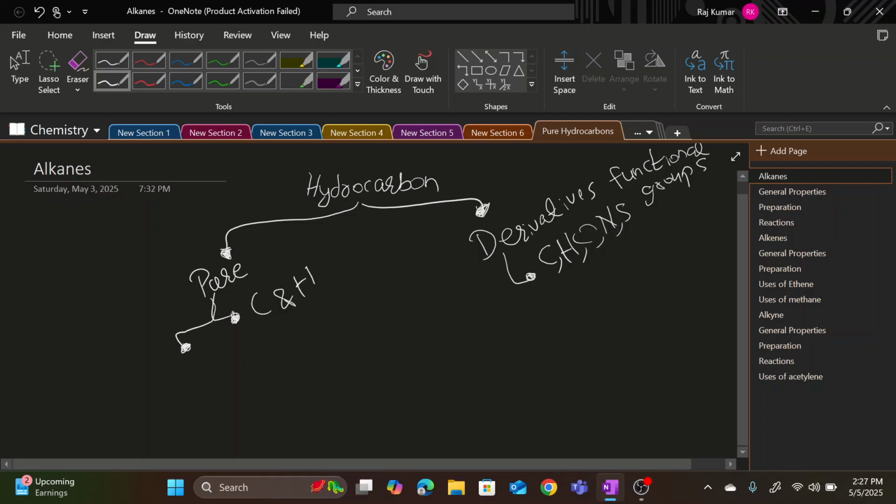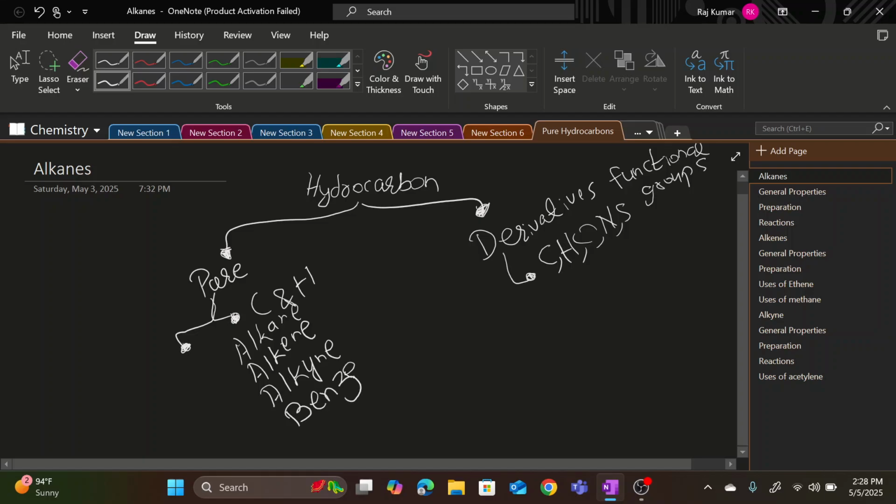pure hydrocarbons. Pure hydrocarbons include alkane, alkene, alkyne and benzene.